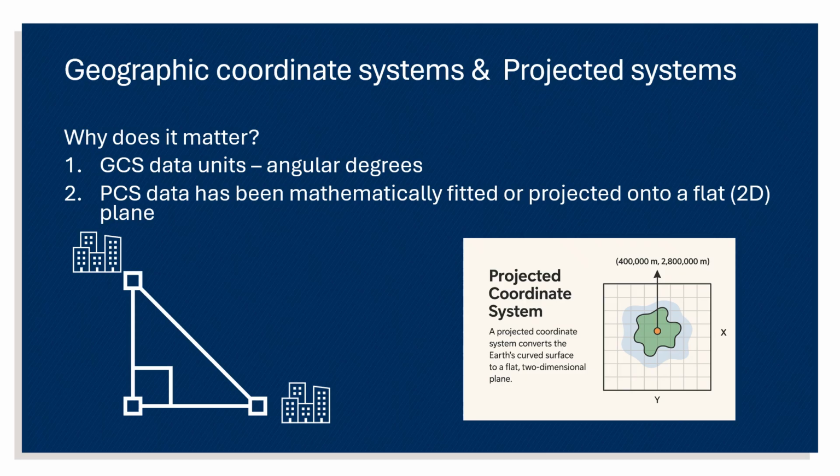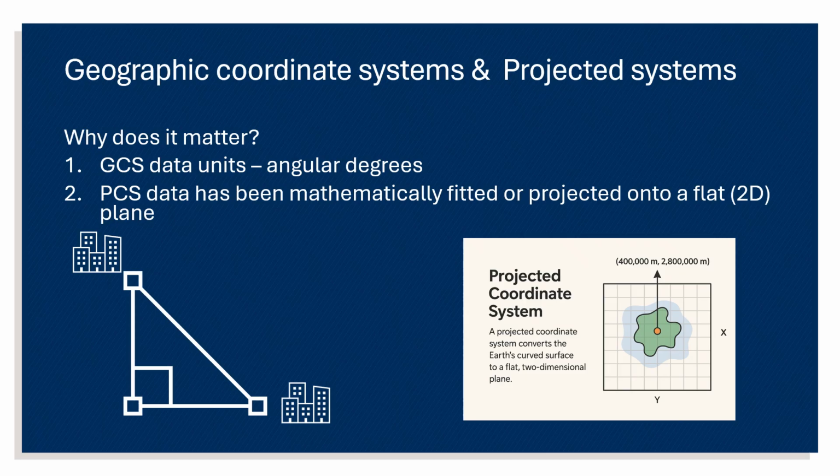And if we're using a GIS, for example, to do something like, oh, I don't know, figuring out how far it is from city A to city B, what we really want to know is the distance between those 2 points, not the angular measure. In this case, like you see here, I've got this triangle where you have that right angle down there at the hypotenuse, and that tells me it's 90 degrees. 90 degrees from, say, Chicago to Washington, D.C. tells me absolutely nothing.